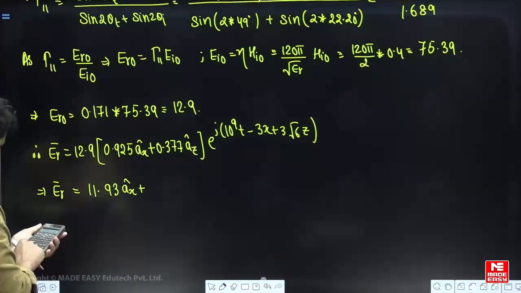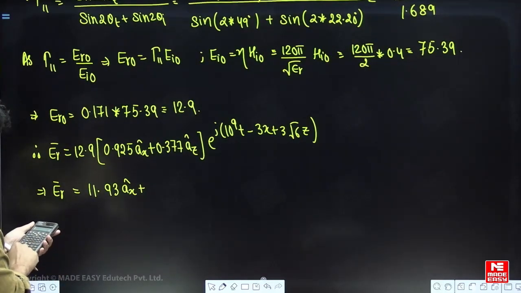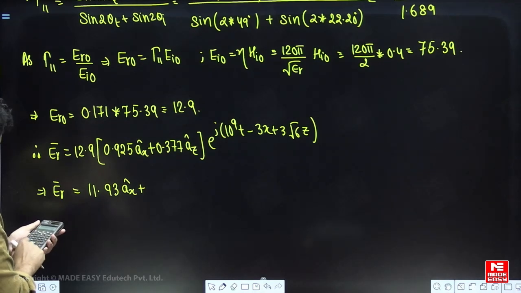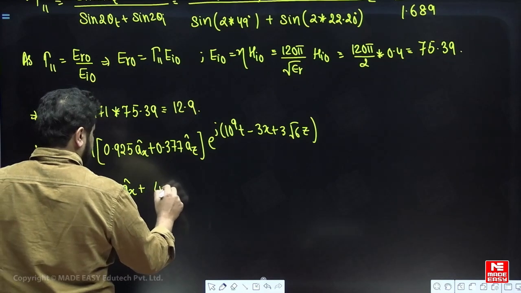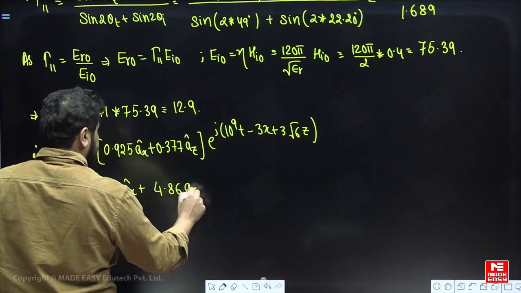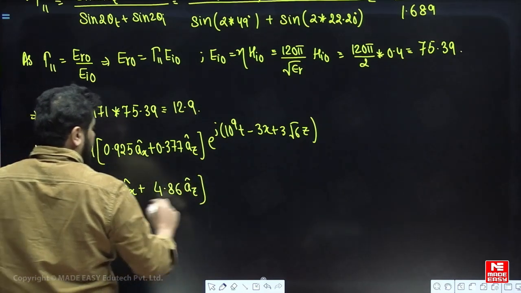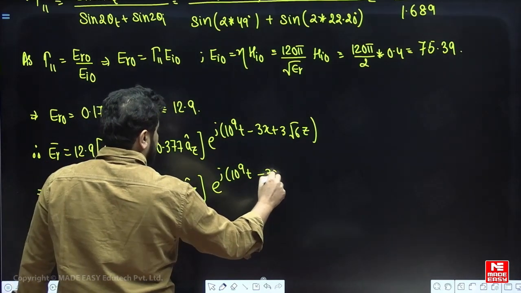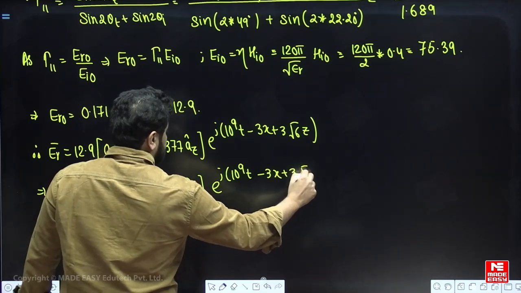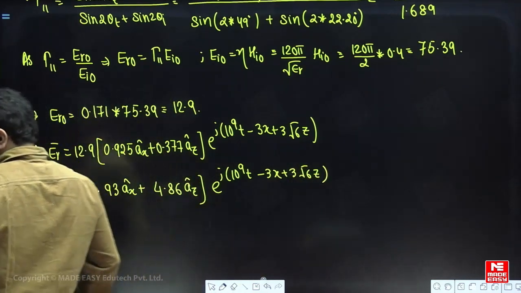And then we have 12.9 multiplied by 0.377, 4.86 a z, e to the power j 10 to the power 9 t minus of 3x plus 3 root 6 times of z. Can I write it like this?